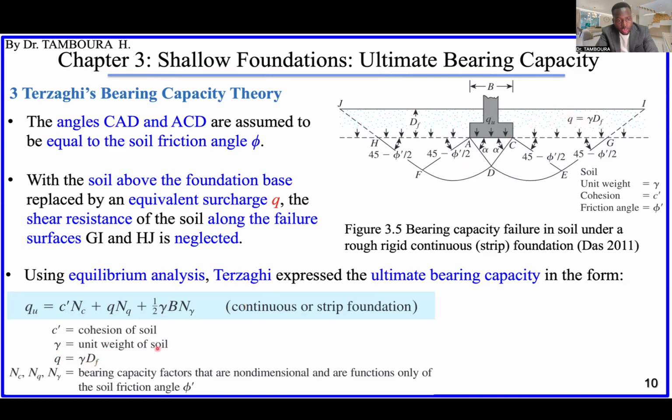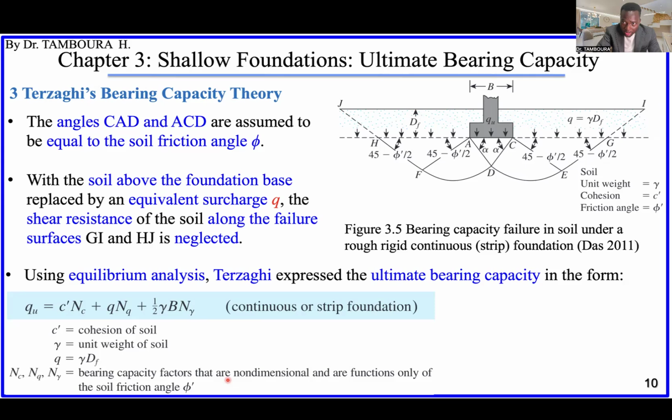Okay, now what are N_c, N_q, N_gamma? These are what we are calling bearing capacity factors. Okay, they have no dimension and they are functions only of the soil friction angle.